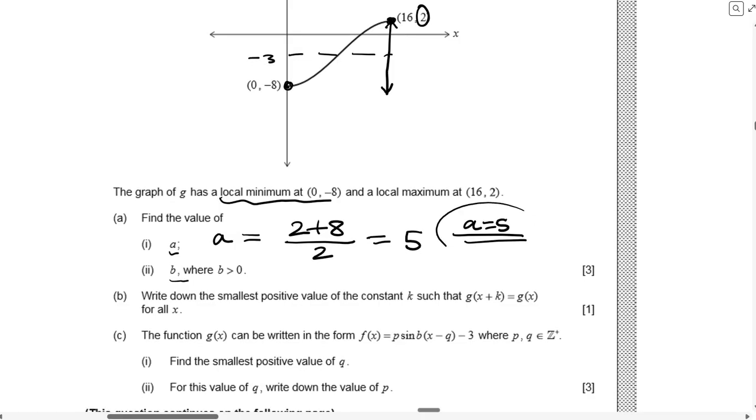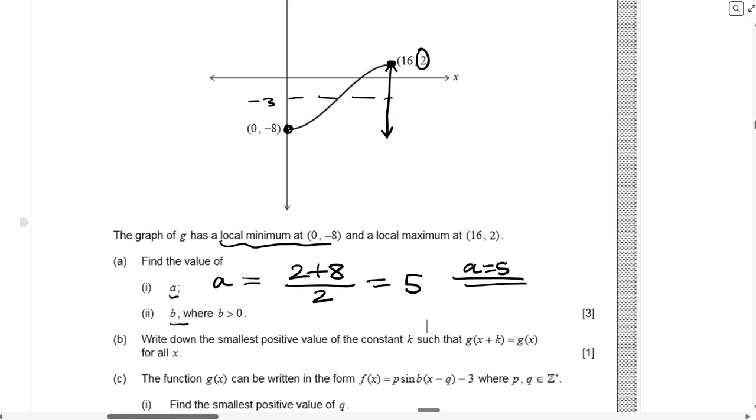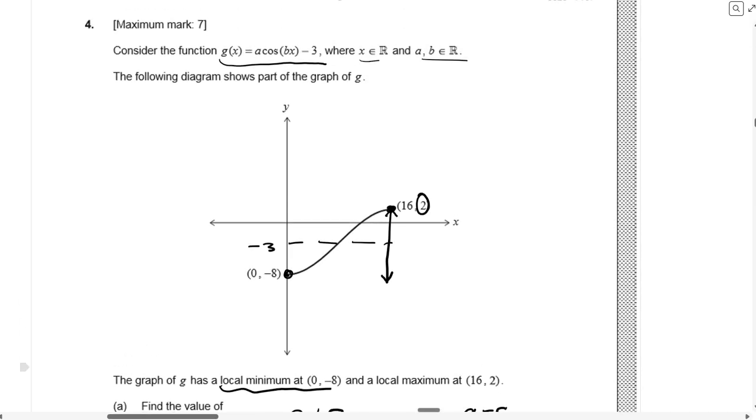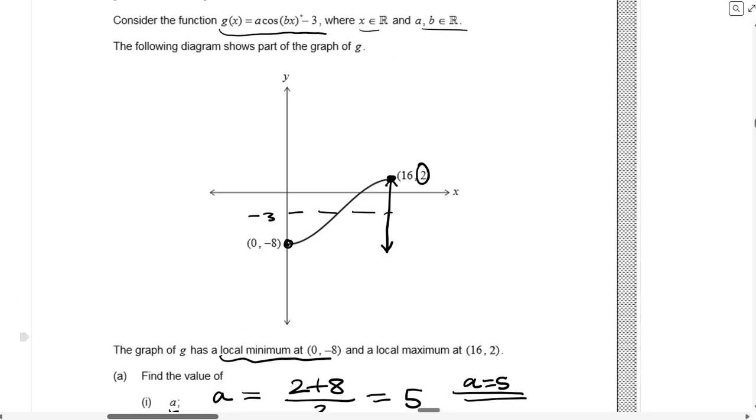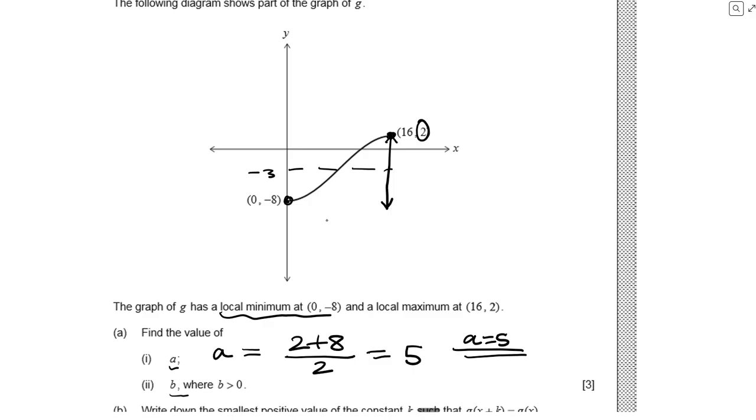Okay, so 5 gives our amplitude, and now we have b, where a is greater than 0. But an important thing to remember here is we have a cos graph, so we need to make sure that our cos graph is in this path, not this way.